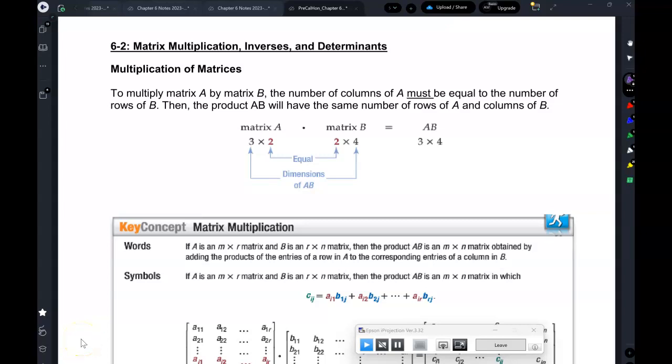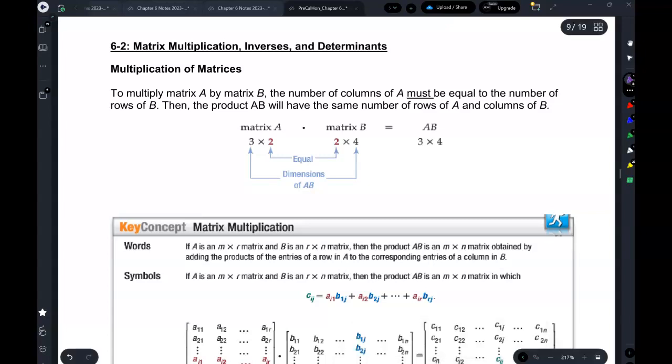All right, so for adding and subtracting matrices, we said they had to have the same dimensions, right? For multiplying matrices, you also have to check the dimensions, but it's a little bit different.